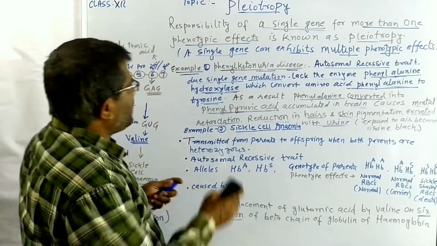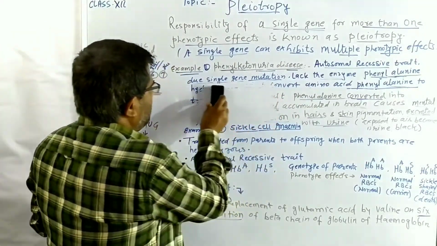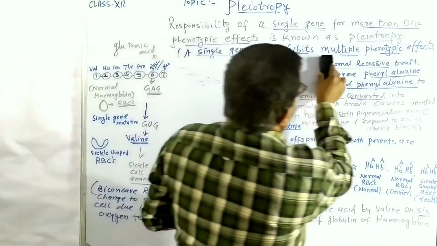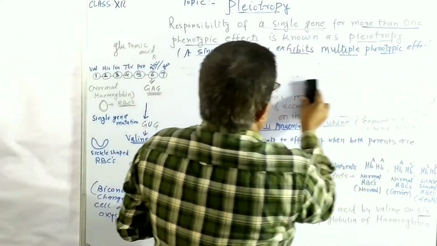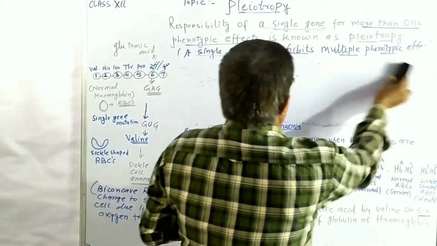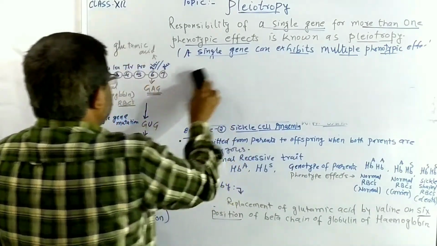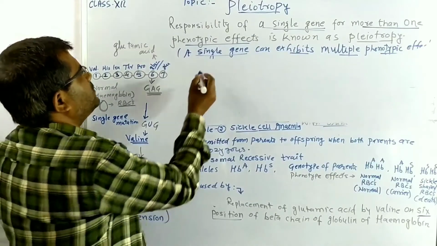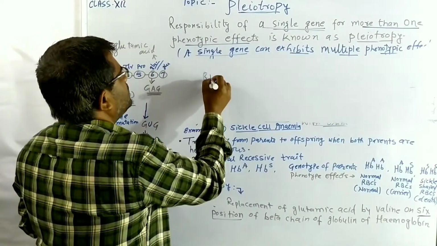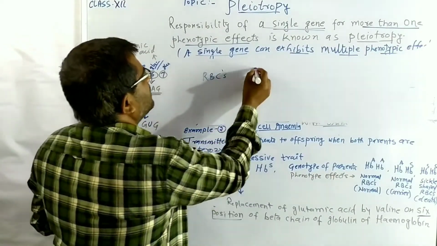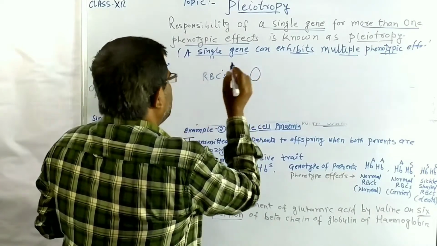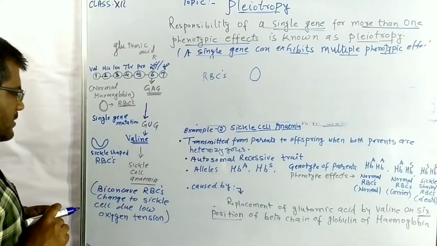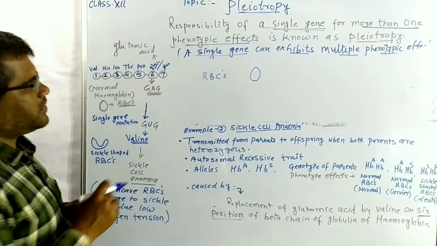The second popular example of pleiotropy is sickle cell anemia. What is sickle cell anemia? First, we have the RBCs. Generally, these are biconcave discoidal structures.